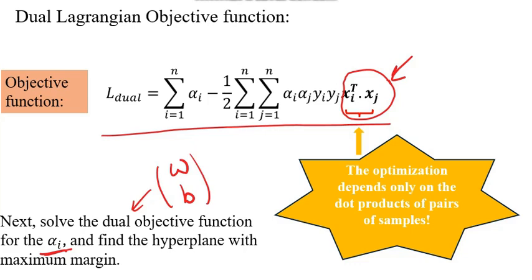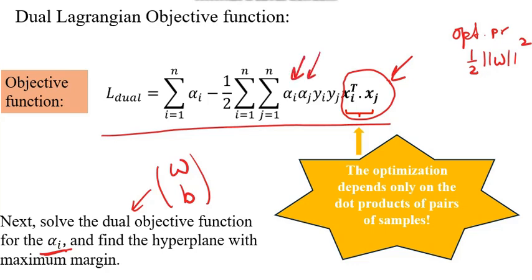So, we have gone through the discussions of SVM, of finding the optimization problem in terms of minimizing the norm of W squared under the linear constraints. And then we found the dual formulation in terms of the Lagrangian objective function.